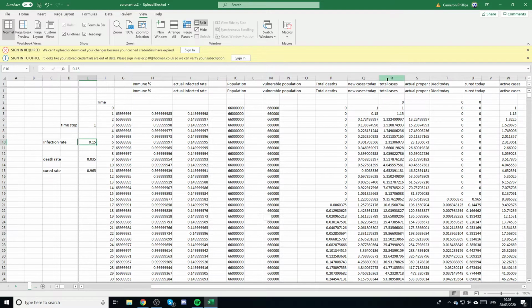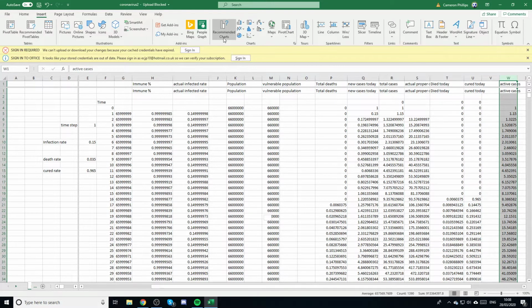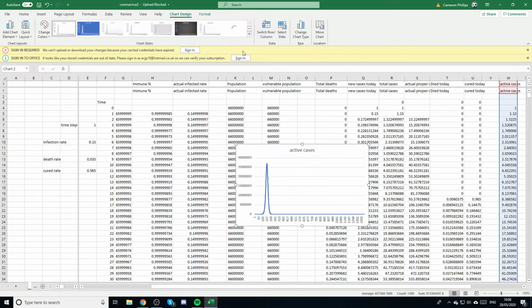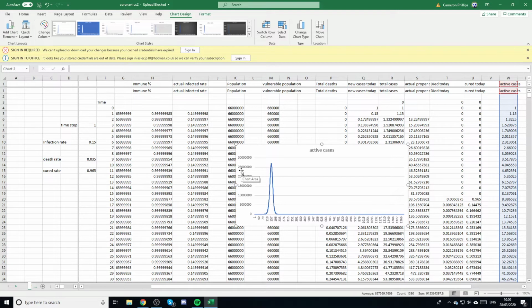If we look at the active cases with an infection rate of 0.15, let's see how that projects out. Between days 105 and 209. But it still peaks.